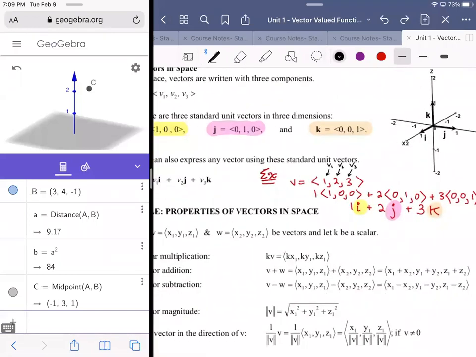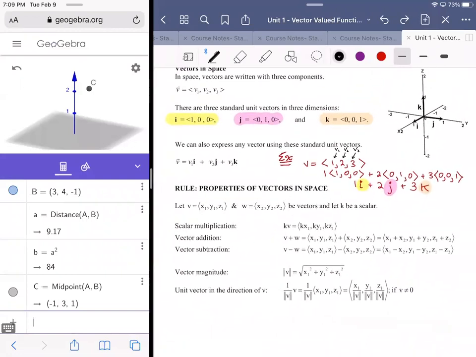Right. The rules of properties in space: scalar multiplication, vector addition, vector subtraction, vector magnitude, unit vector in the direction of v. It's all like, okay, just know these. But scalar multiplication, vector addition, vector subtraction, those are all, I think, common sense.